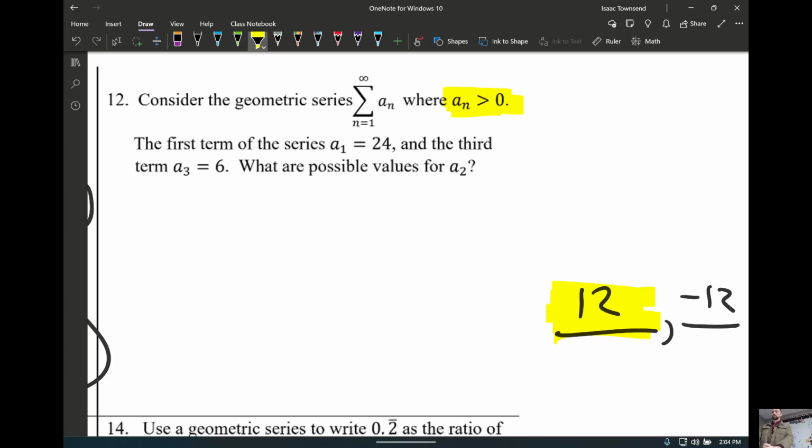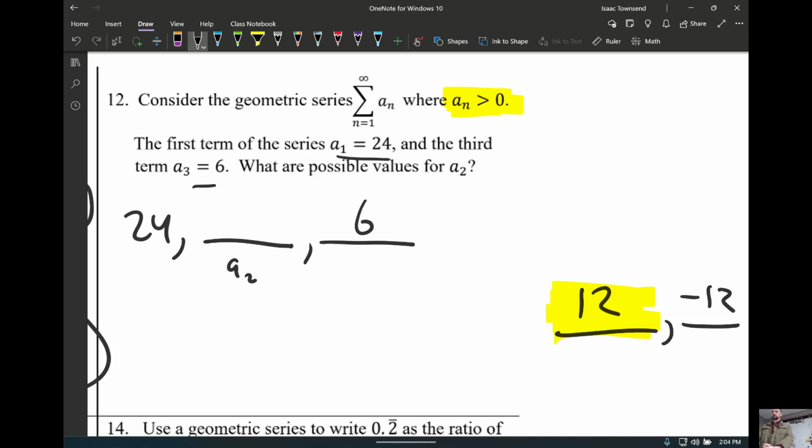Okay, does anyone need to see why these two could be second terms? Does anyone want to see an algebraic way to do it so you're not just guessing and checking in your head? Okay, so the first term is 24. I don't know the second term, and the third term is 6.